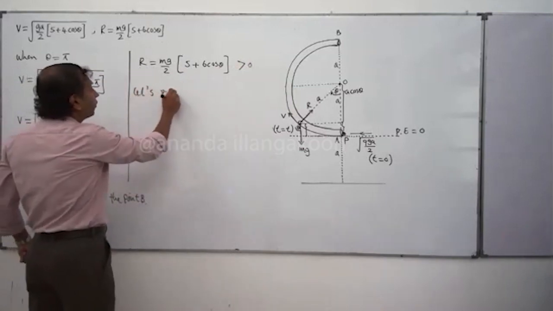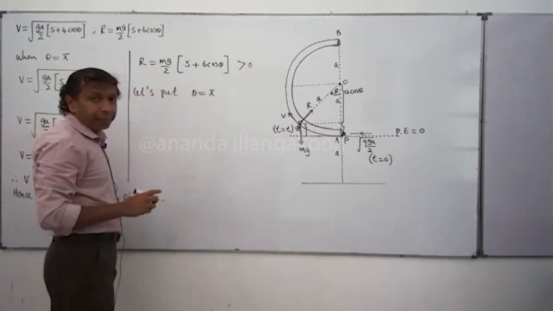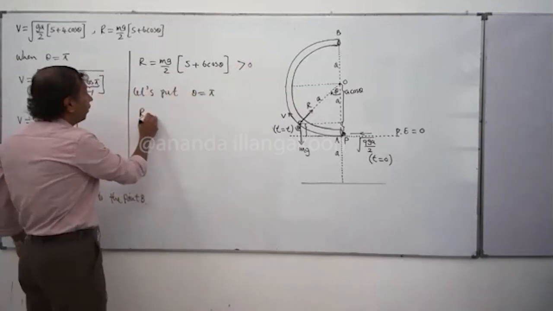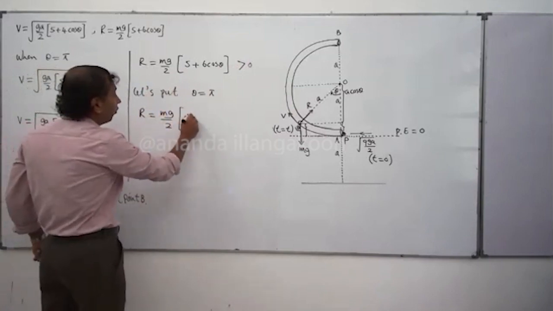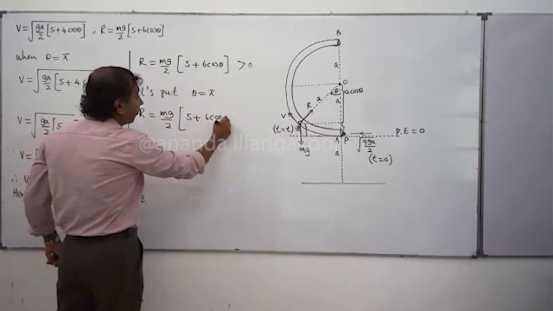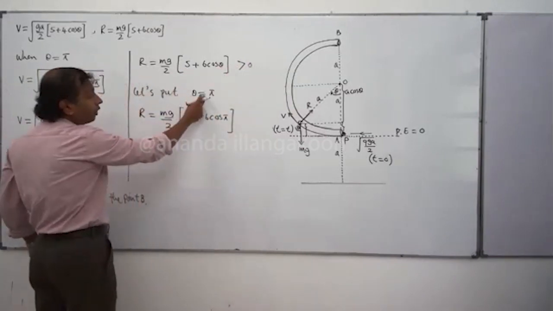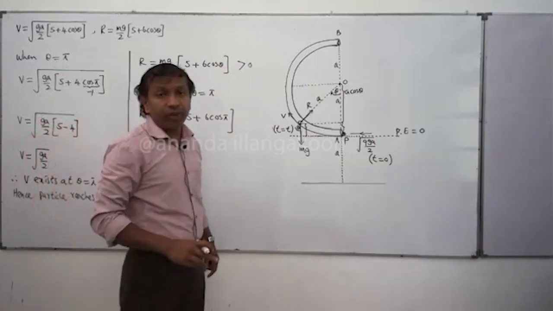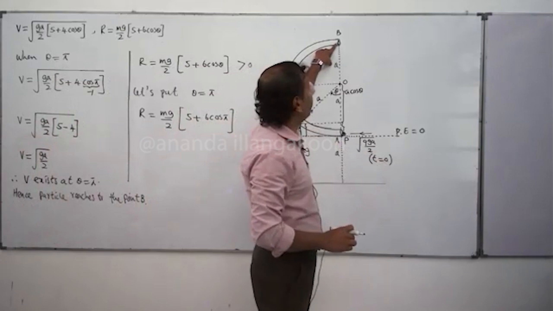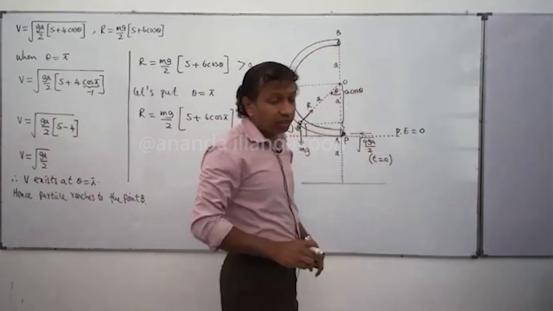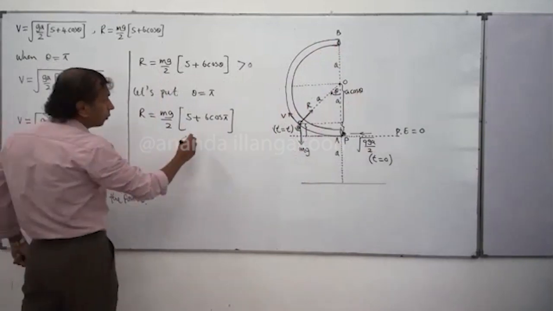Now let's put theta equals pi. We are here. Then you can say R equals mg by 2 times (5 plus 6 cos pi). Theta equals pi means I am going to find the reaction when the particle comes to the point B. Then you know cos pi is -1.